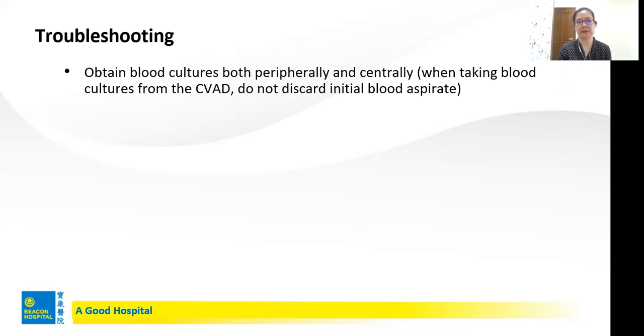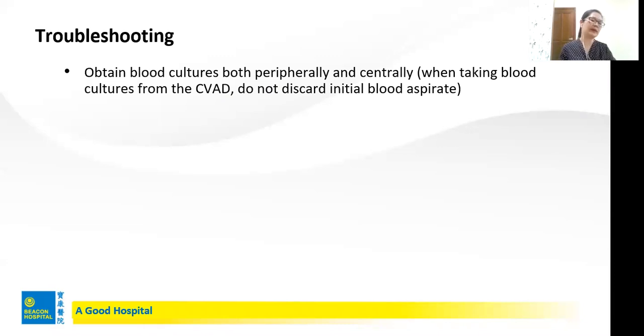You might have a question mark: already took blood C&S from the CVAD, why do you need to venepuncture the patient from the brachial vein again? Because sometimes the doctor wants to have a comparison. Is this septicemia condition due to the catheter related or non-catheter related? Maybe the patient got this septicemia due to other conditions, other sources of infection.